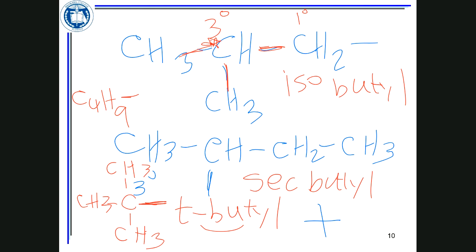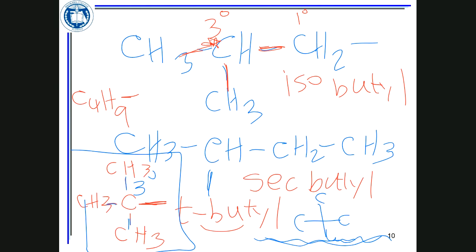If you have a carbon here, carbon here, carbon here, this looks like a T, attached to a major carbon chain. But that T doesn't come from the T shape. It comes from a tertiary carbon attached to 3 other carbons. So make sure you add this also to your list. T-butyl.